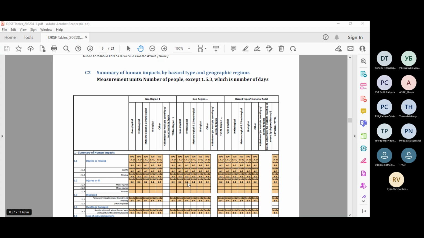Before we leave the meeting today, may I inform everyone that we are going to organize a side event as part of the UN Statistical Commission on February 16th. This is going to be a virtual event on disaster related statistics.